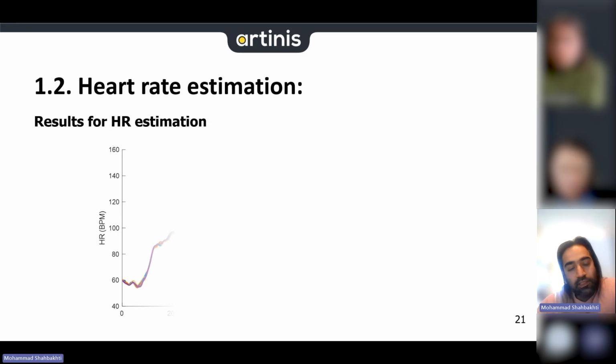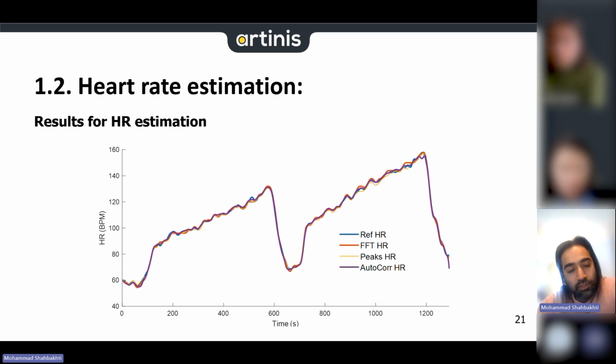Here you can see the result. I plotted the heart rate as a function of time. We have the reference heart rate, which was extracted from ECG, the blue line, and we have estimated heart rate using FFT, peak detection, and autocorrelation. As you can see, for all cases they are quite similar. There is no huge difference between the methods.